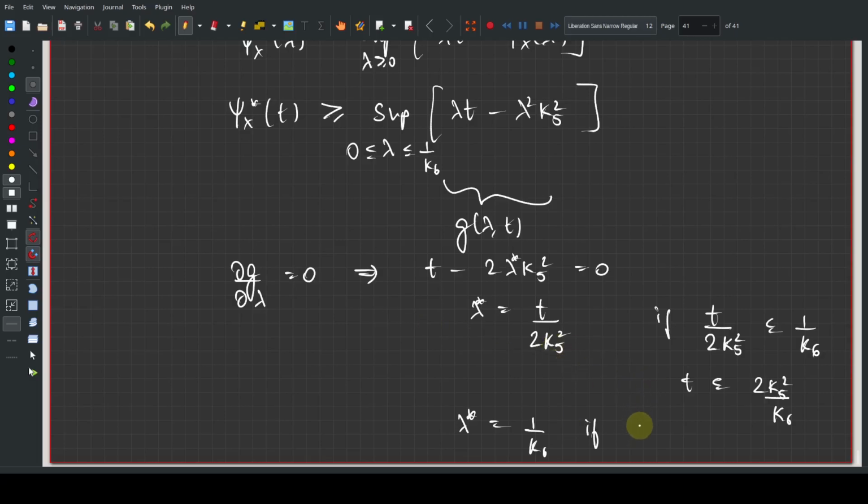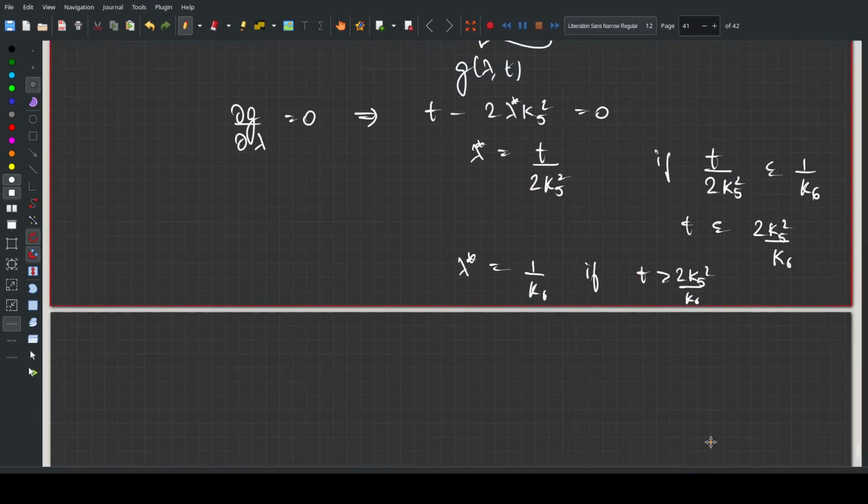If t is greater than 2 k phi square by k6. Okay, now what if I plug these back into psi x star? So psi x star of t.